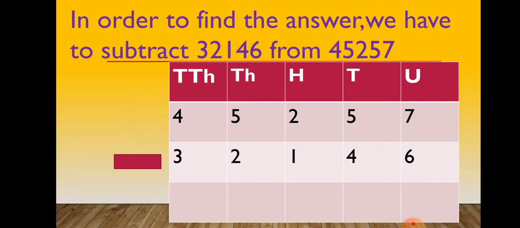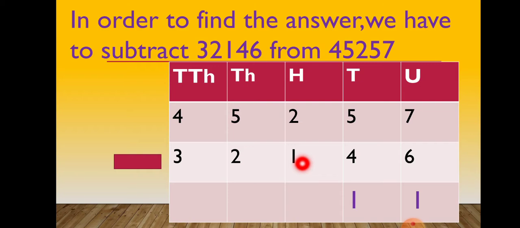In order to find the answer, we have to subtract 32,146 from 45,257. Now let's subtract 6 units from 7 units. How many remain? Correct, 1 unit. Now subtract 4 tens from 5 tens. How many remain? 1 ten.